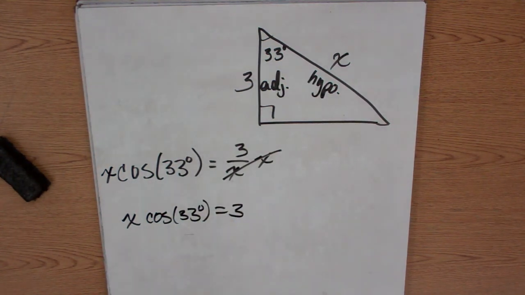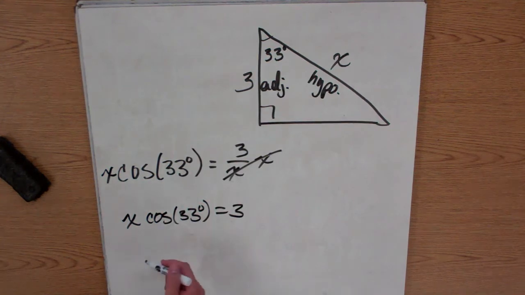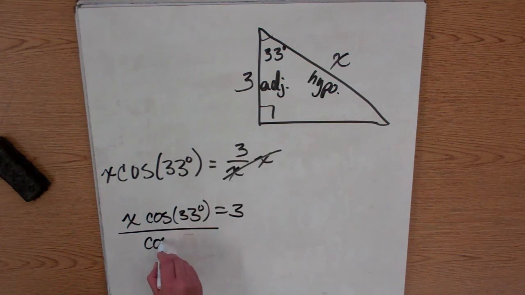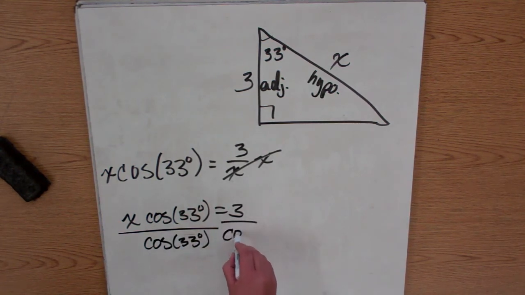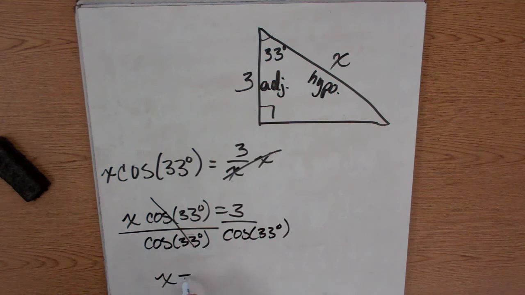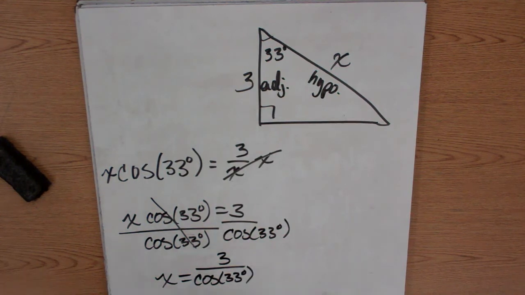Now, we still can't solve this yet because we need x by itself. So now we want to get rid of the cosine of 33 degrees. We do that by dividing both sides by the cosine of 33 degrees. It cancels out here, and x equals 3 divided by the cosine of 33 degrees.